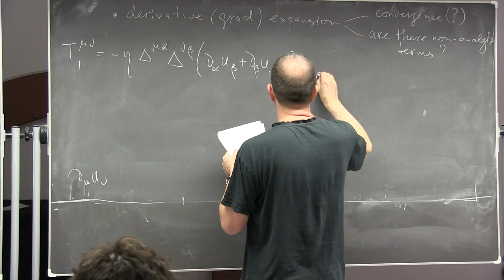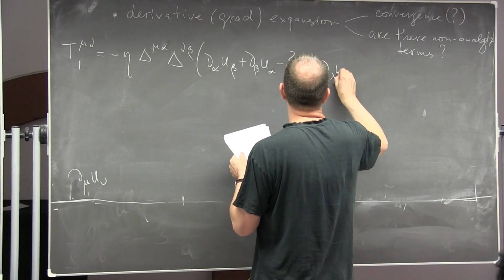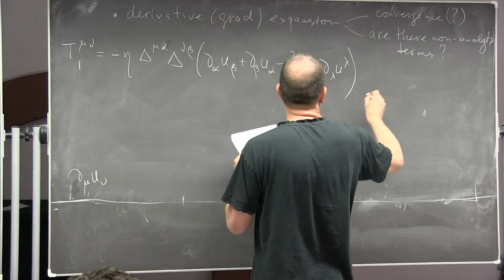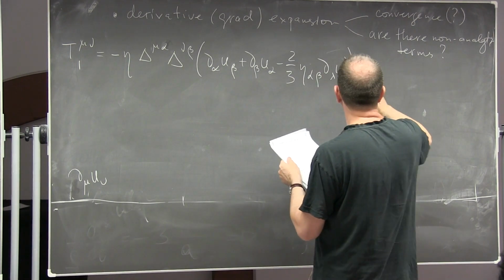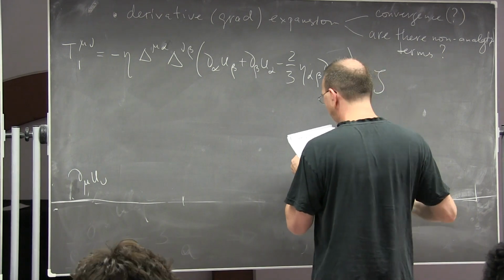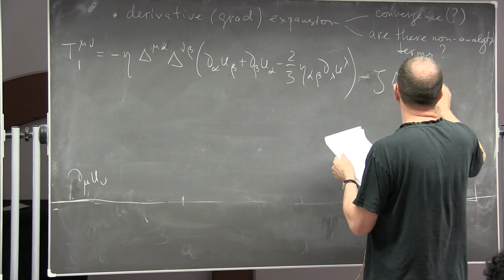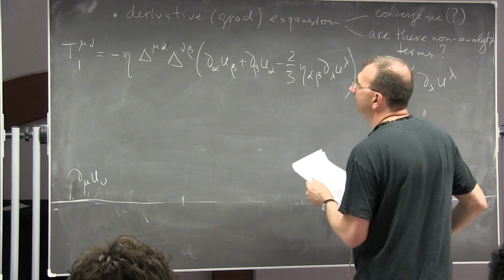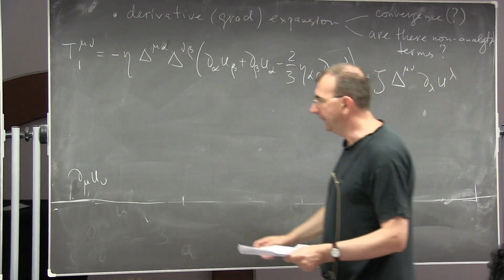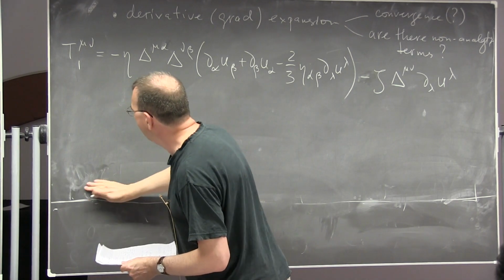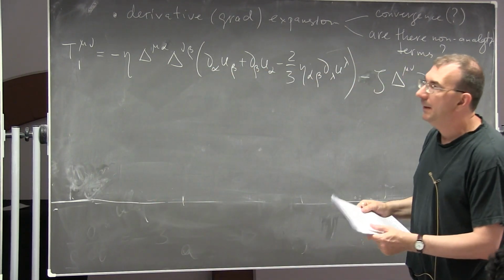So delta alpha beta d lambda u lambda, and then there is a second piece. Okay, let's use a minus sign with a different coefficient zeta, and here you have the projector and this trace. Okay, so this is everything which involves first derivatives of u mu, written in a form which splits.